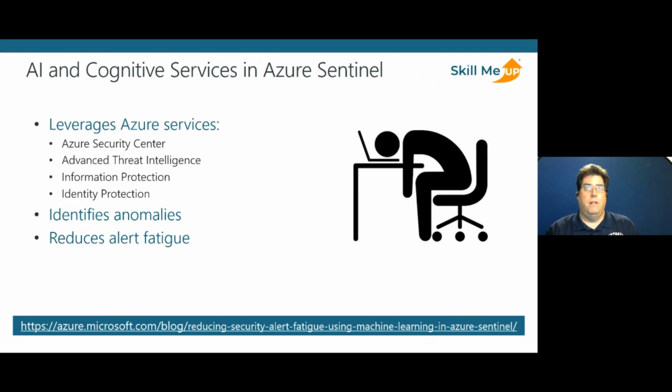That's what the cognitive services and machine learning in the back end help to avoid. It finds those anomalies for you while you're not looking at those logs, and can create alerts and incidents out of that.